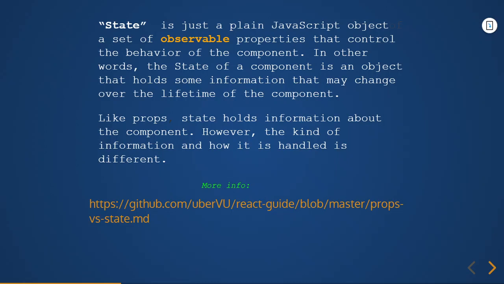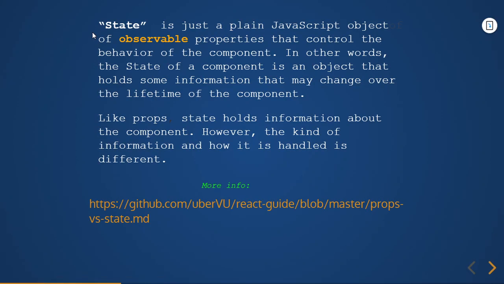It's a plain JavaScript object of observable properties that control the behavior of the component. In other words, state of a component is an object that holds some information that may change over the lifetime of the component. We're going to see how state can change, and I think we have an example of how state changed.